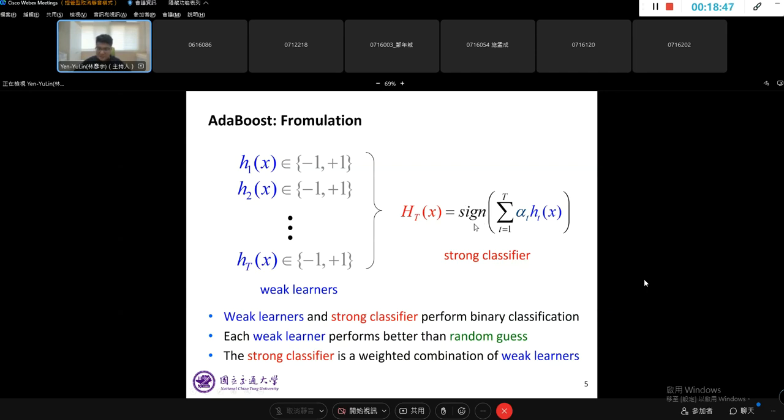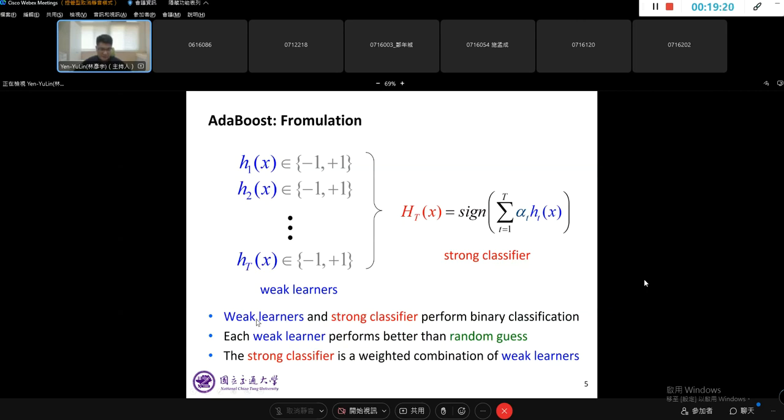A sign operator is very similar to including a threshold with a value of 0. So this is the resultant strong classifier. Please remember this formulation. We will use this capital H, lowercase h, and this formulation in the following.